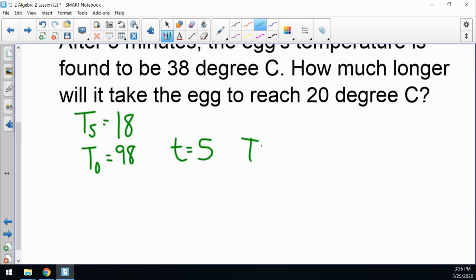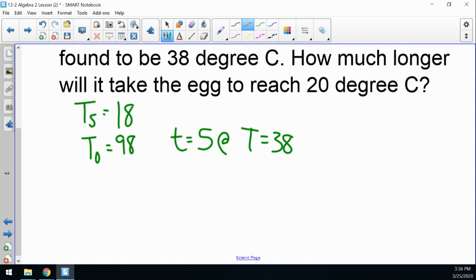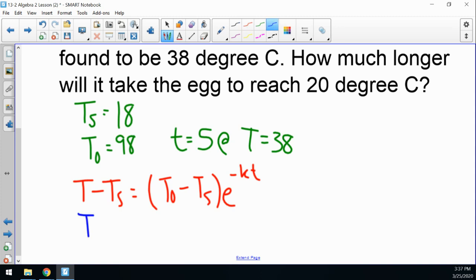So going back to our original equation, T minus TS is equal to T0 minus TS e to the negative KT power. What we can do is plug in some numbers to make it a little bit easier on us. Our original temperature we don't know, but we know that we're taking 18 degrees away from it.